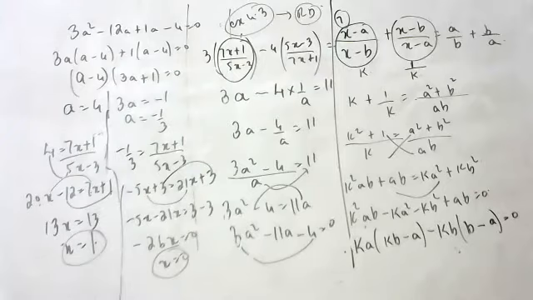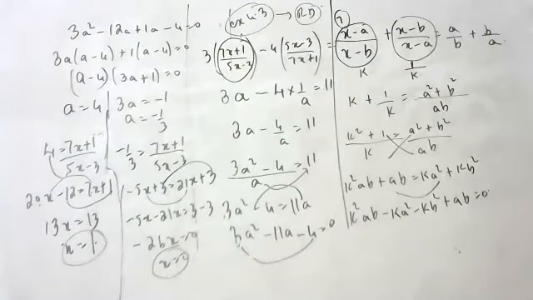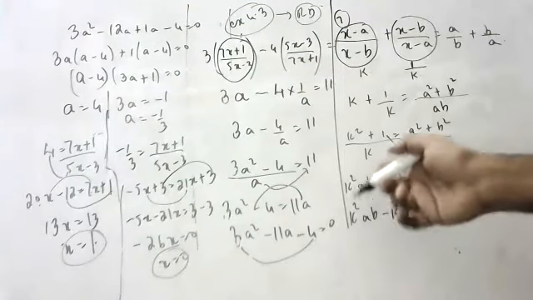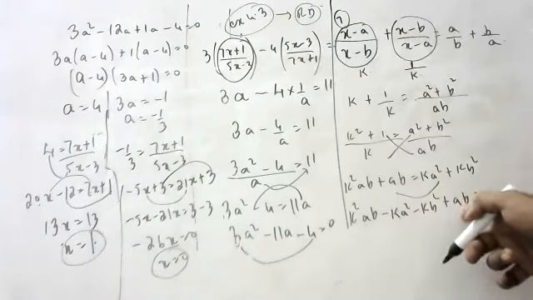AB we can take common, so K square plus 1. So till here we did everything correct. 1 by K. K square AB plus AB is equal to K square plus KB square minus K square.